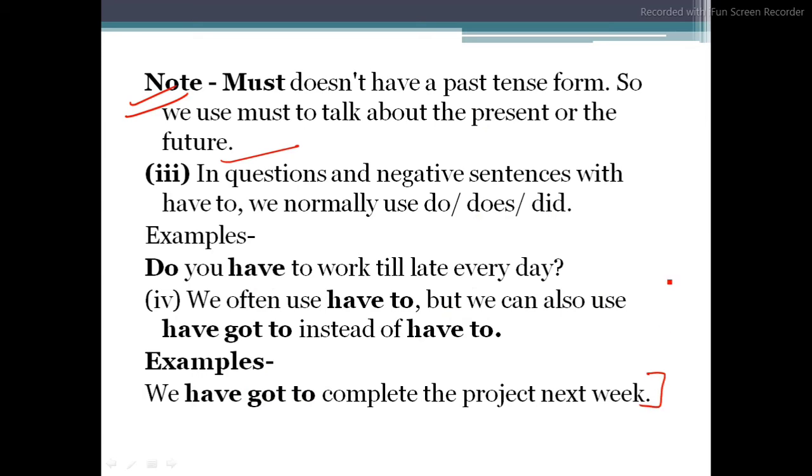So we can use have to or have got to; we can use these two either way. For questions, we normally use do, does, or did, depending on the type of question we are raising. And remember, this is a very important note: must has no past tense form.